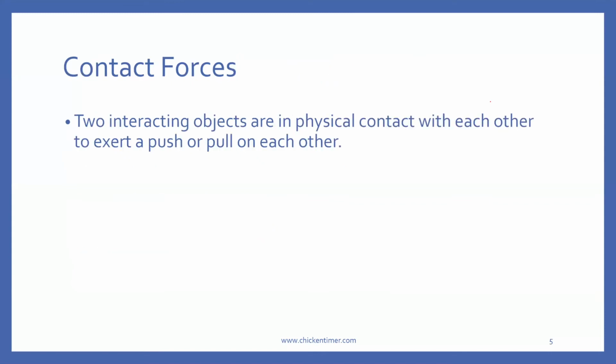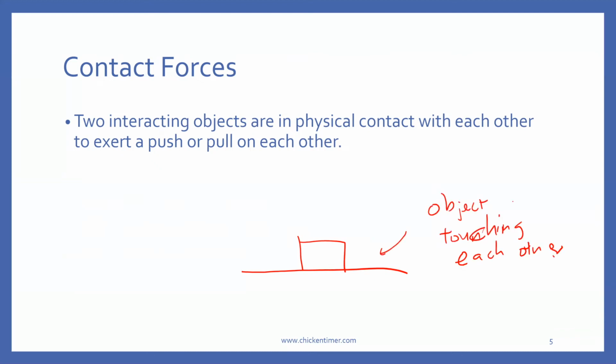So what are contact forces? A contact force is when you have two objects in contact. The objects are touching each other. So when they touch each other, they will exert a force on each other. So it's either push or pull. So they are contact forces. I have a question. Can you name some examples of contact force? Magnetic force. Is it a contact force? Gravitational force.